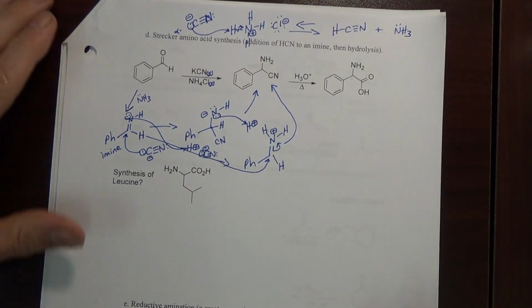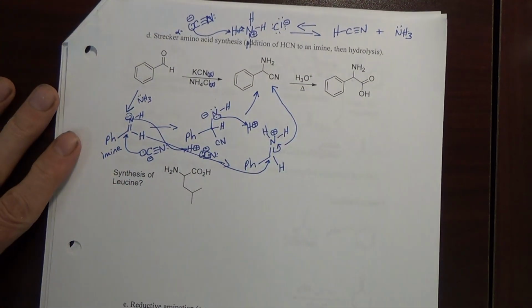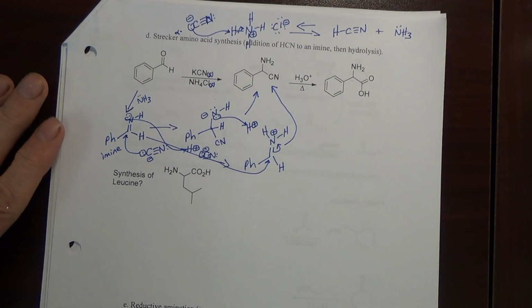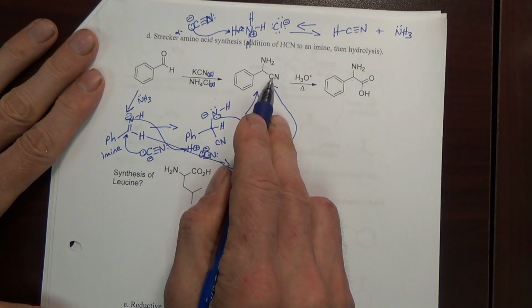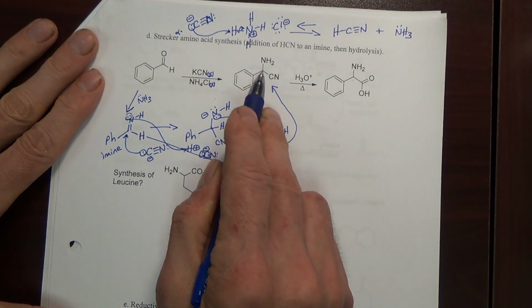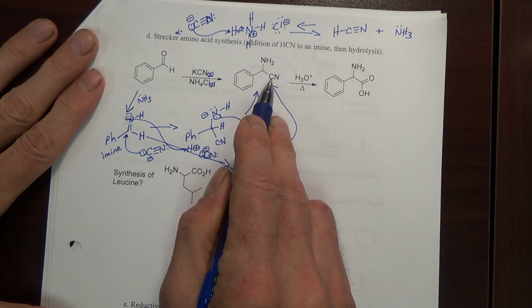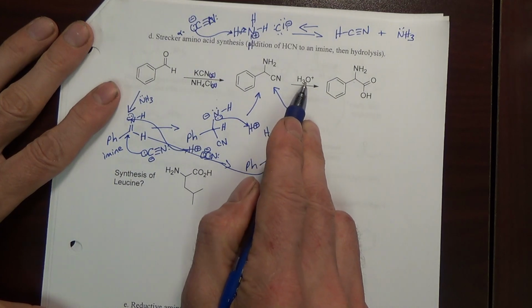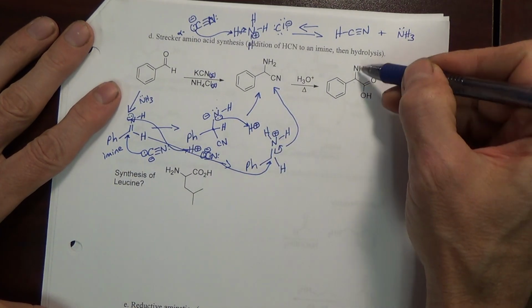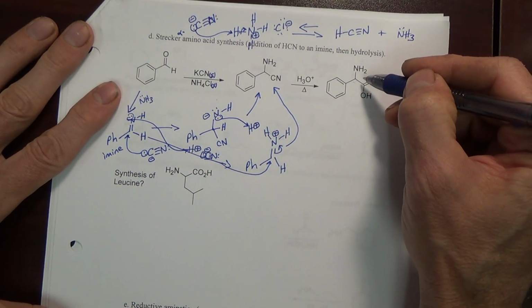Now, it really doesn't have a name. If that was an OH, it'd be a cyanohydrin. But this cyano-substituted amine, or alpha-cyanoamine, the cyano group can then be hydrolyzed. And if we do that, we get an alpha amino acid.